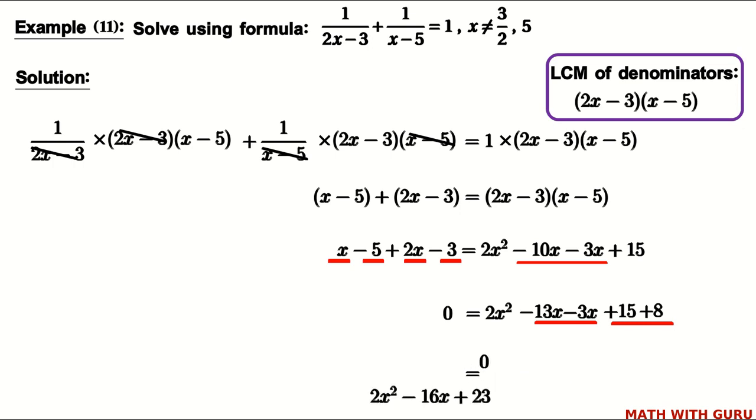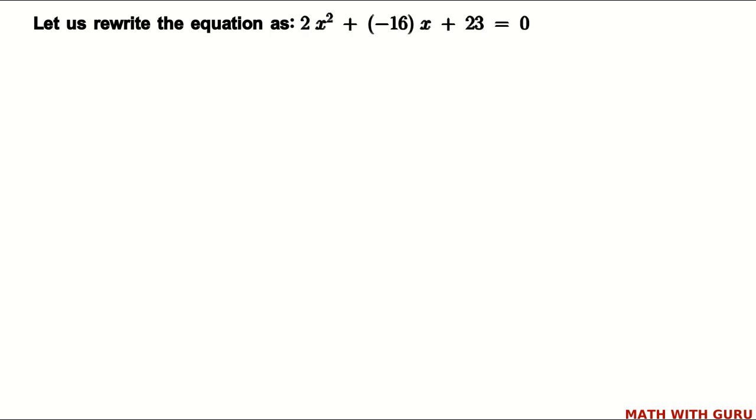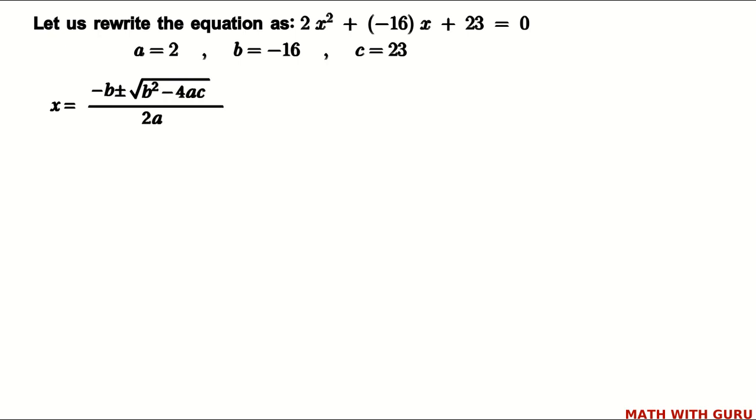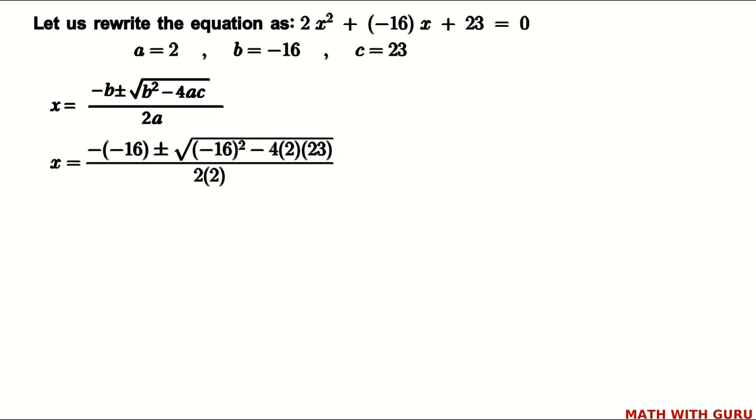Let us swap the sides. Now, rewrite the equation as 2x squared plus minus 16x plus 23 equals 0. A is 2, B is minus 16, C is 23. Let us write down the quadratic formula quickly. Let us substitute the values like this.